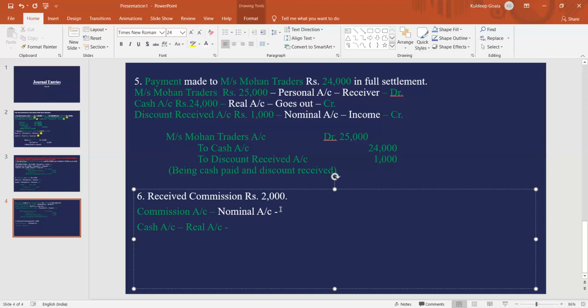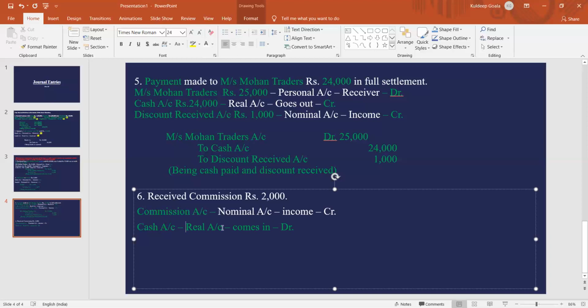For commission, what is the rule? Debit loss and expenses, credit gains and income. So if I'm receiving commission, it is my income, right? So income will be credit. And cash, real account: debit what comes in, credit what goes out. If I receive commission, cash comes in, so it will be debit. Clear?